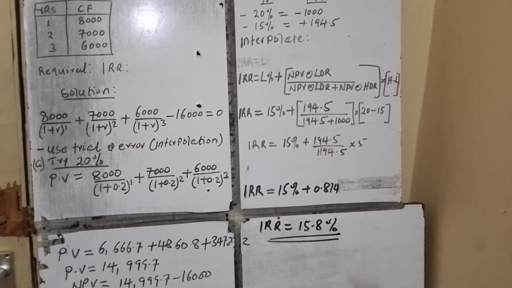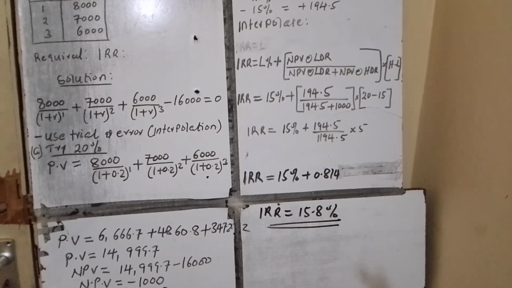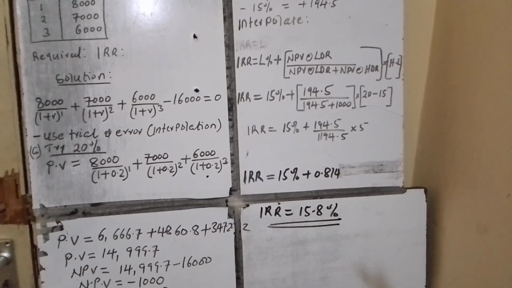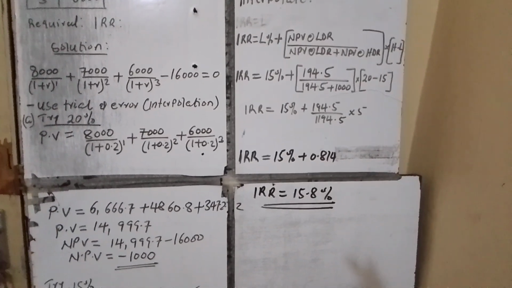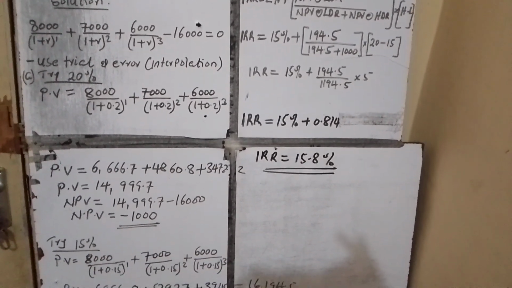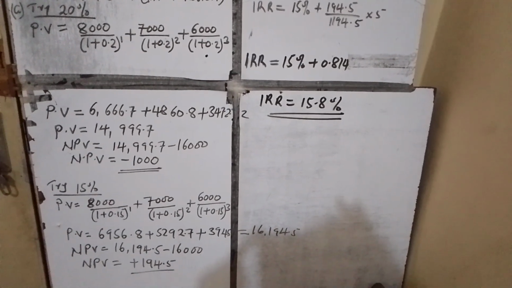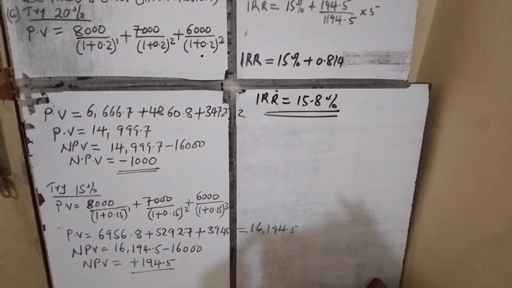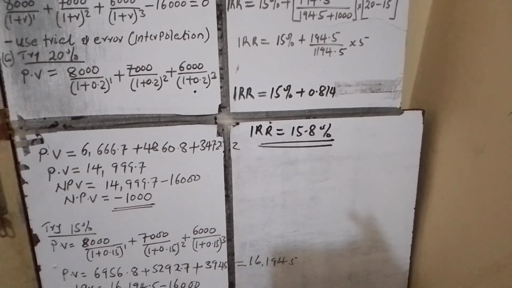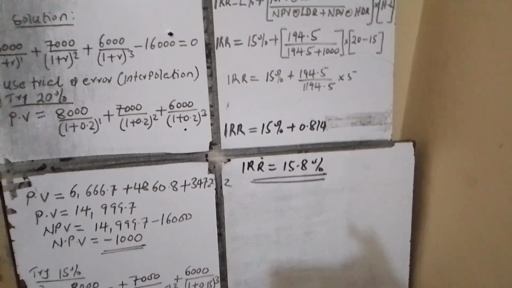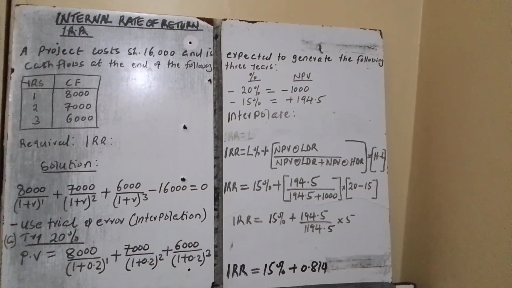So don't use 20%. Use your own percentage, like 2% or 5% or 9%. See what net present value you get. And then instead of using 15%, try a different number. Use your own percentages to see whether your final answer is 15.8. That is what I've done on my side.